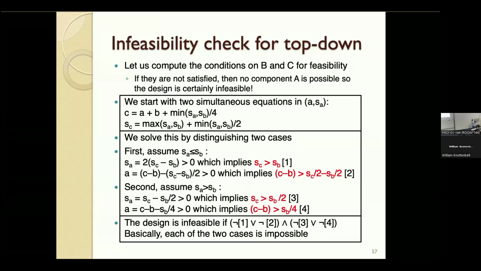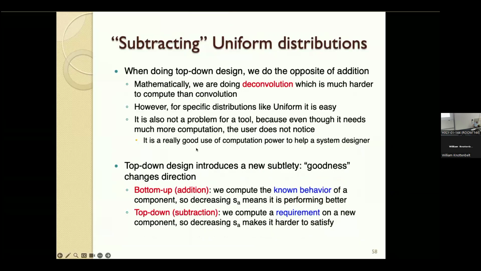In the real tool, you're going to be doing deconvolution, okay? So the tool can be very precise on when a system is feasible or infeasible. So this is really making your intuition very, very precise. This introduces the notion of subtracting distributions.